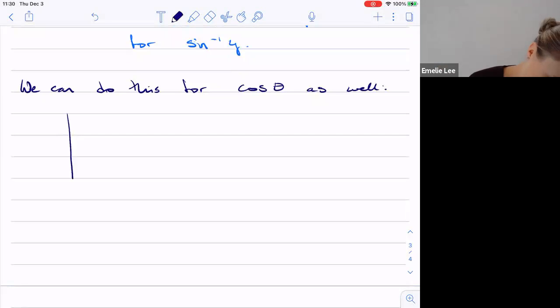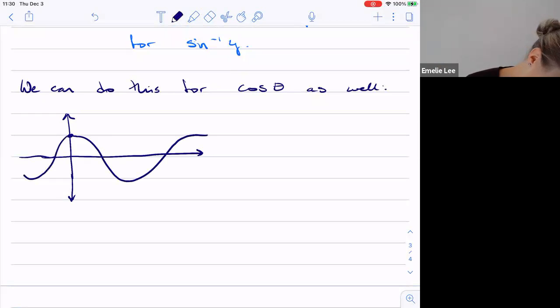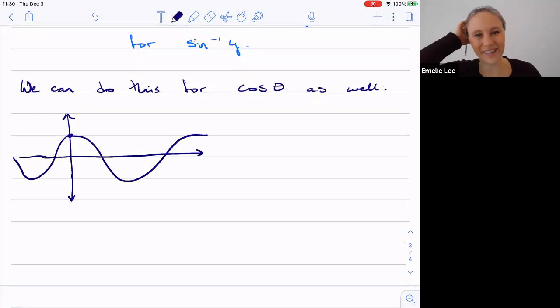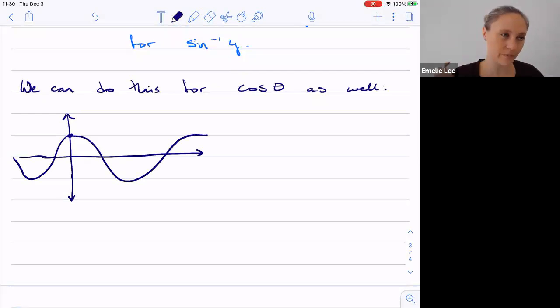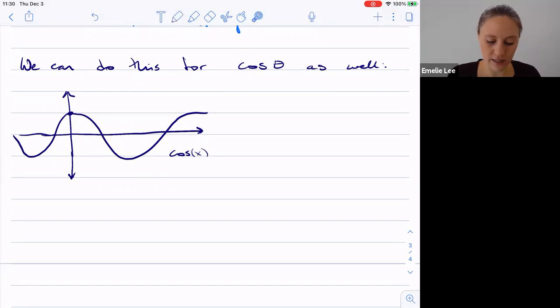Cos theta starts here at the top, and from last day, we know that. Then it goes down, then up, then down, and it does the same thing on the negative x-axis as well. So this is cos. Here, the x is referring to the x-axis.